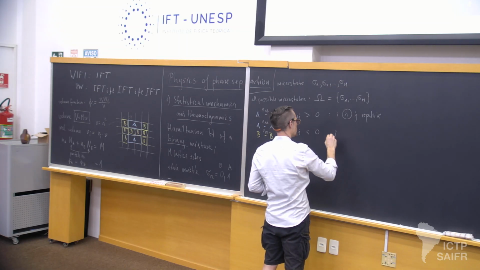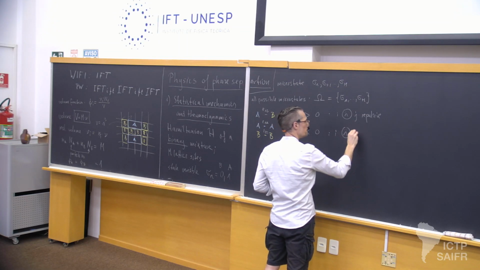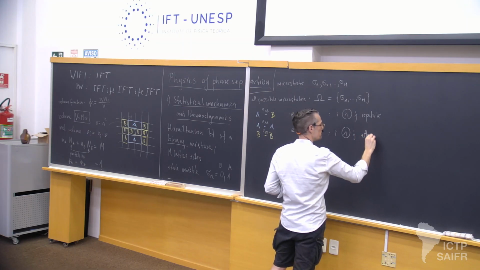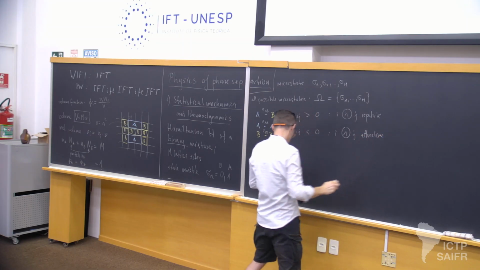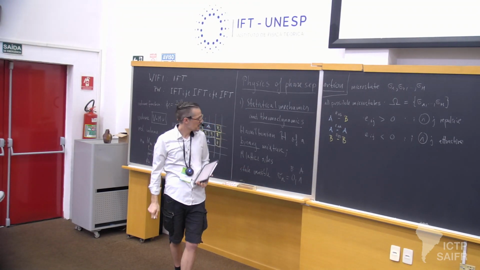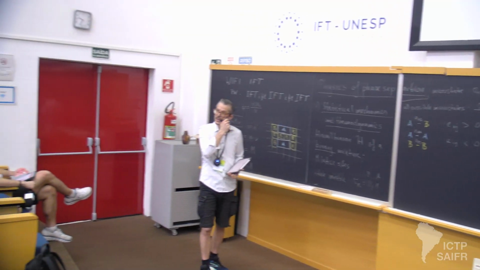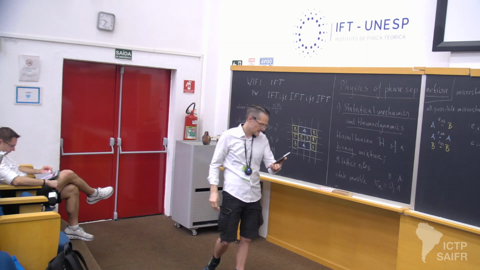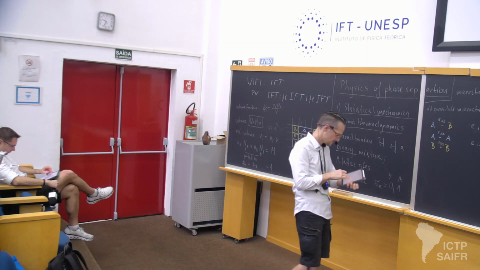And if it's negative, it's attractive. Good. So this is the model we want to start with, similar to the Ising model, but we will now find a few things will be very different.